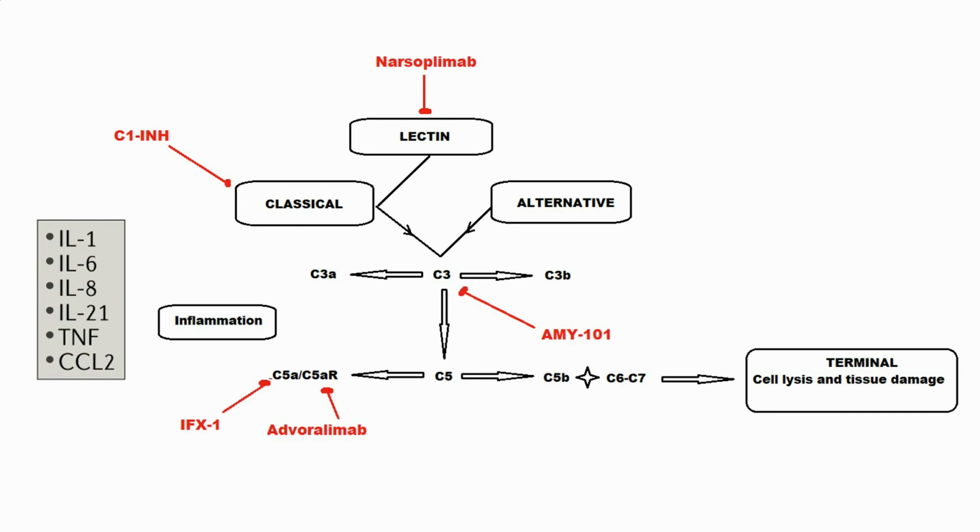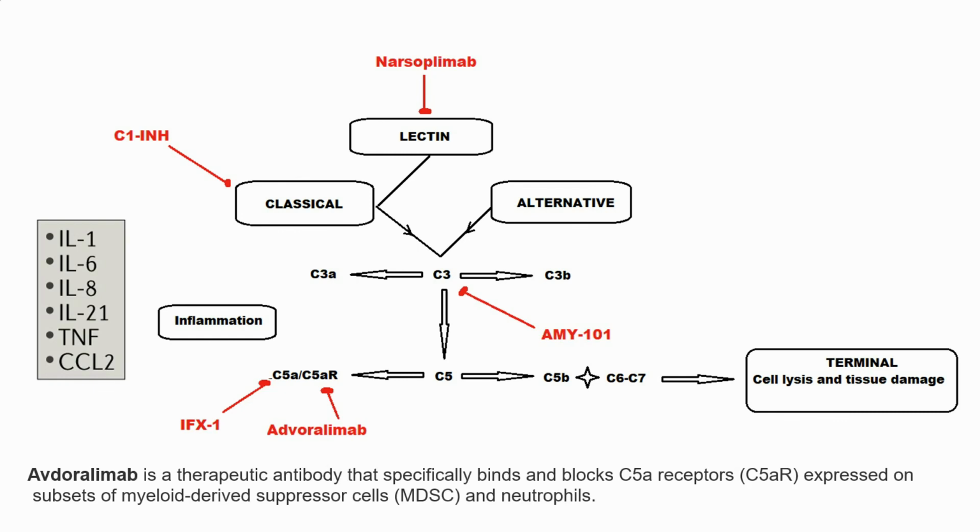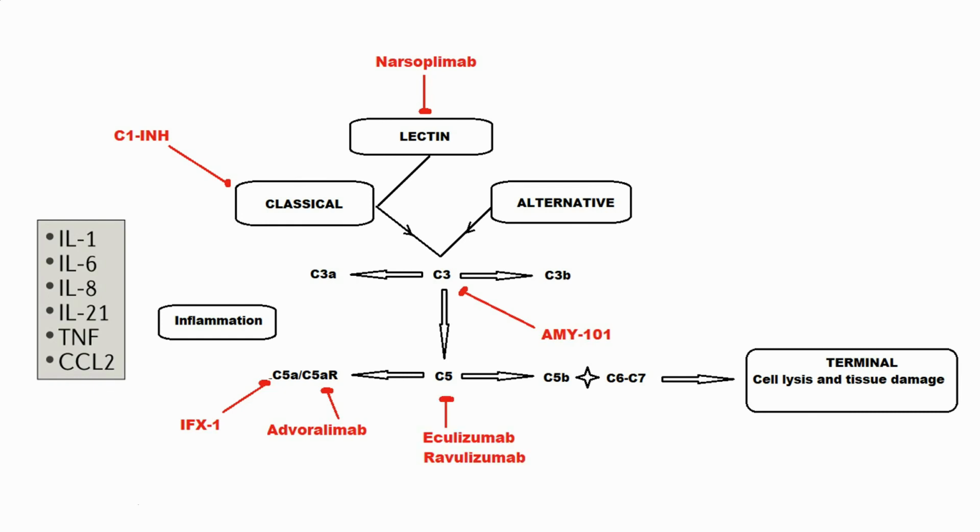And with avdoralimab, we can also use this drug for the prevention and the inhibition of the activation of the C5AR. And the receptor, in this case, cannot bind the C5A protein.